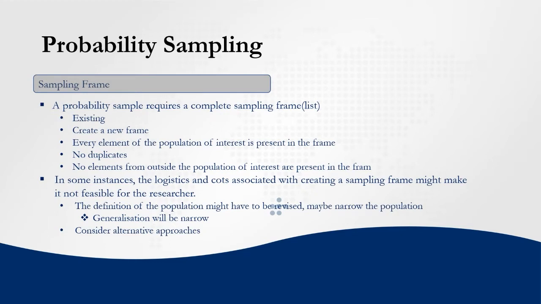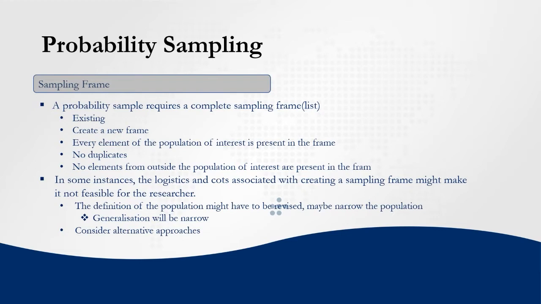So as I've said, in some instances, the logistics and the costs associated with creating it might not be feasible. So you might have to revise the definition of your population to fit the list that is available, because you want to do the study and you want to use a list, but it's got limitations. So maybe you revise the definition to suit the data that you have.